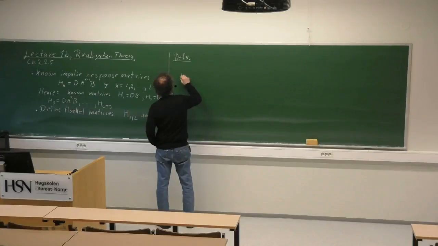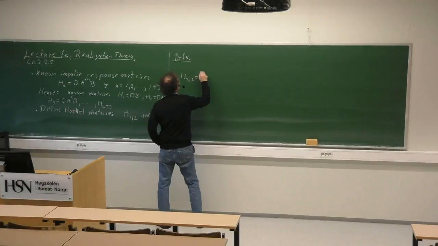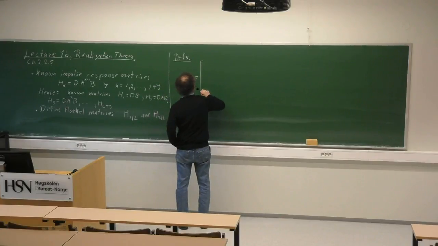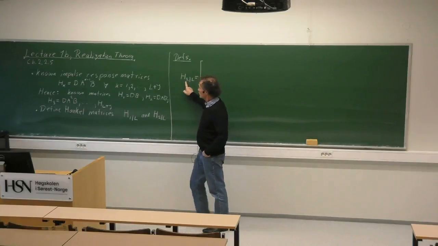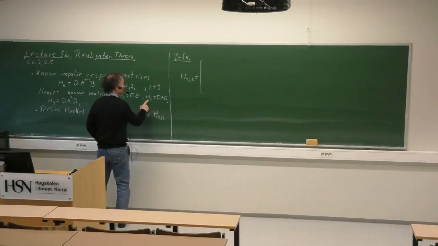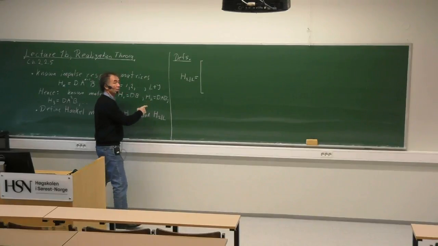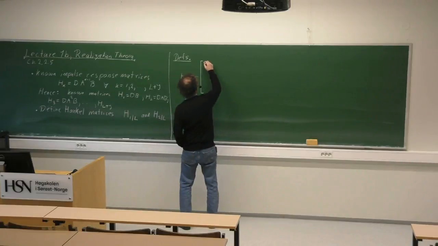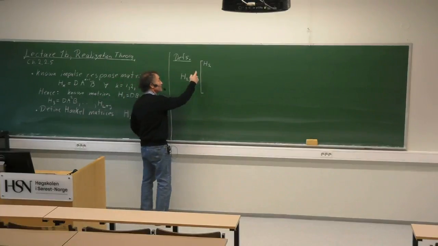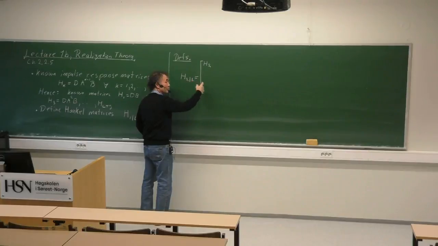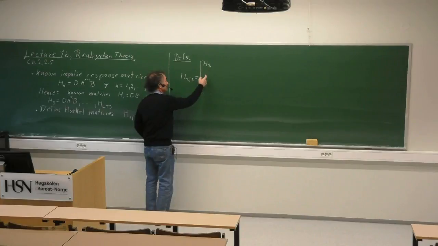Definitions. The second Hankel matrix, this H_2 given L, is a matrix like this, where this index 2 means that we are using the H2 matrix first in the upper left corner, and this integer L means that we should stack a number of L impulse response matrices above each other with increasing integers.